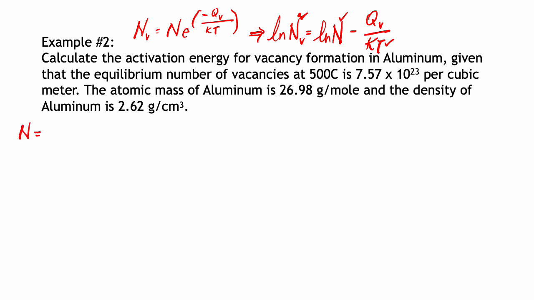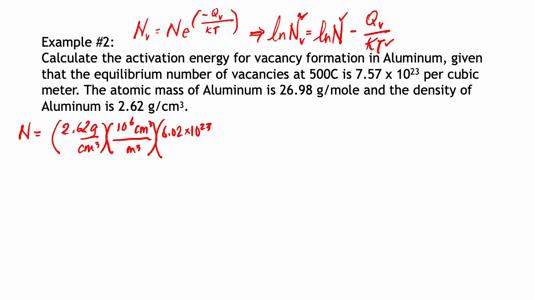I've got a density for aluminum of 2.62 grams per cubic centimeter. And then I've got 10 to the 6 cubic centimeters per cubic meter. And then I've got Avogadro's number of atoms per mole.